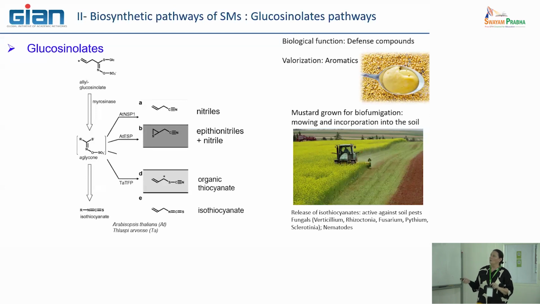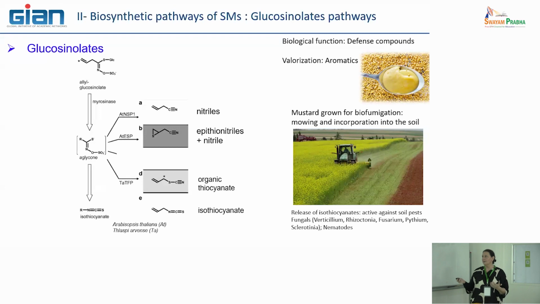Well, here the mustard is used for this type of biofumigation, which is the term we use for this type of culture. It is not the same mustard used for food. In fact, they have been selected to produce specifically glucosinolates that are able to produce more derivatives of this type.